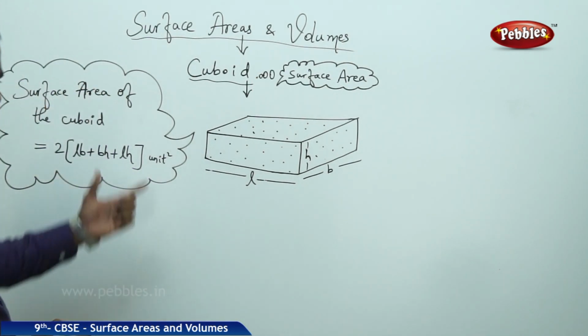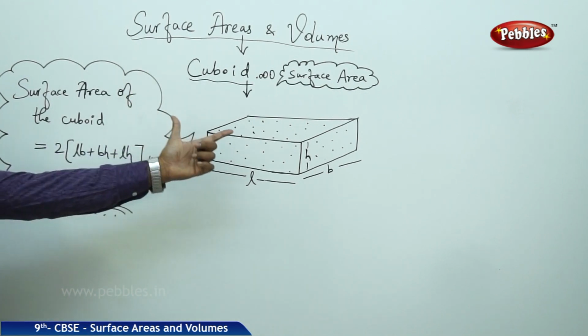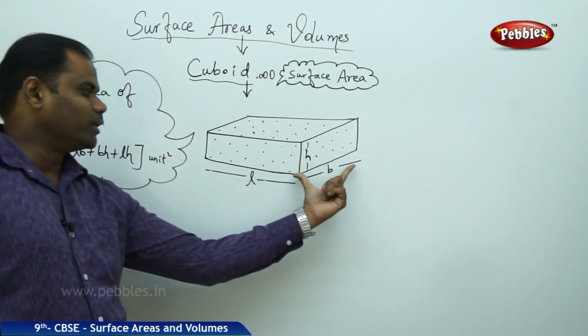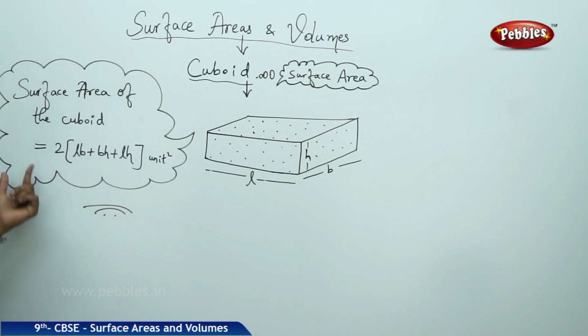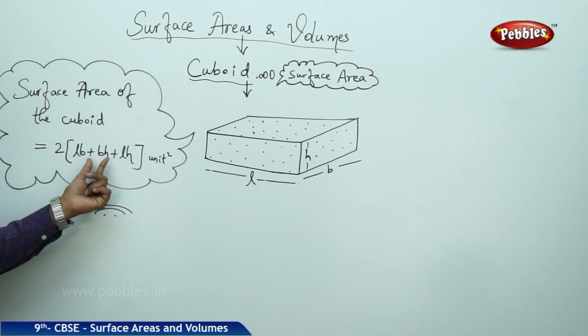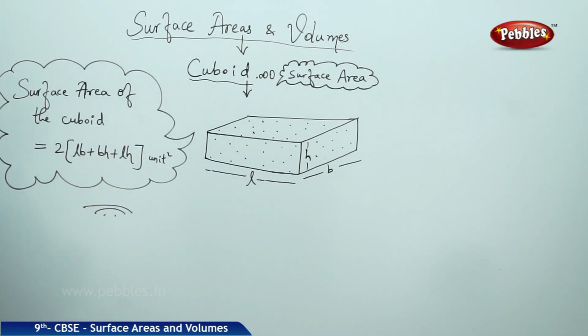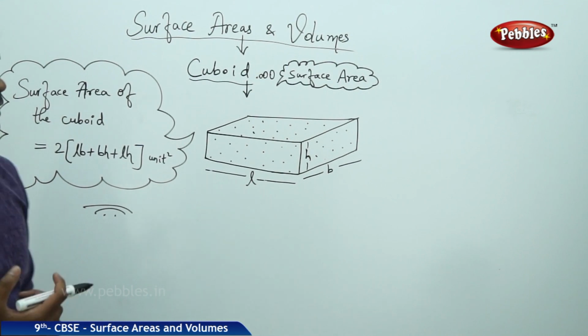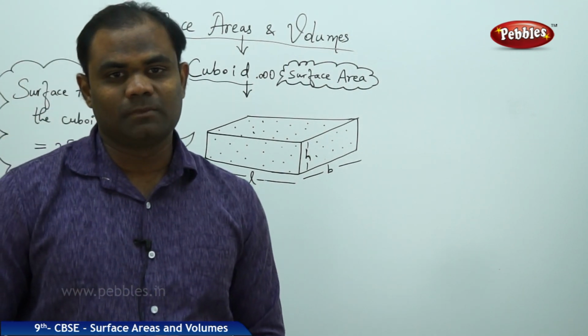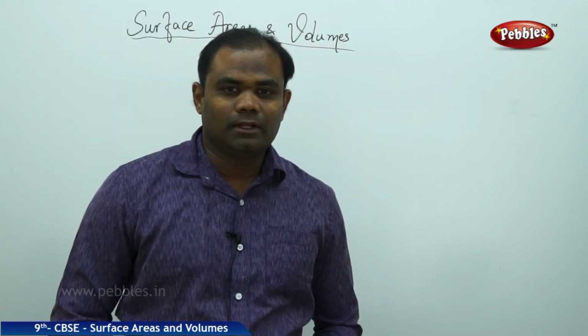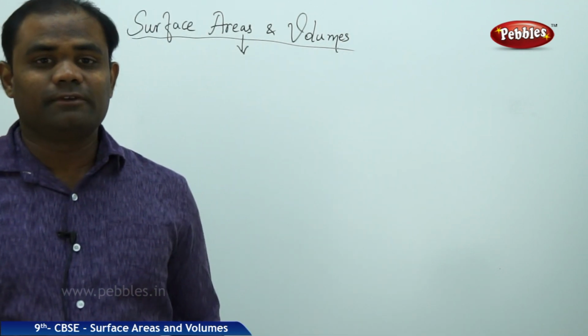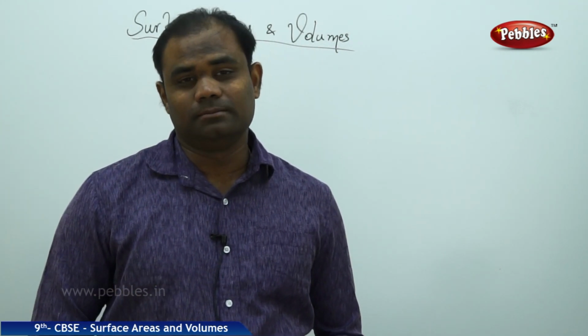So the surface area of the cuboid, which covers all the 6 faces with length, width and height, is given by 2 times LB plus BH plus LH, where L is length, B is width and H is height. Surface area of a cuboid given by the formula. Now that we have discussed surface area of a cuboid, let's see how we can apply it to a real life problem.